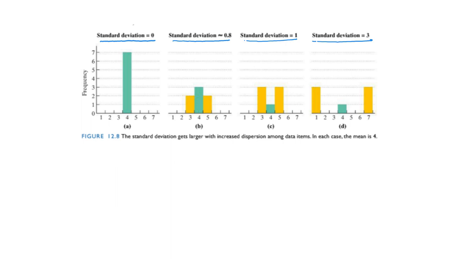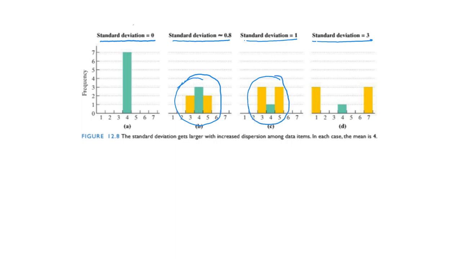Look at the graphs as we are increasing. As the standard deviation gets larger, you'll notice that the values start to disperse away from the mean. So the yellow bars are showing on the second graph that we are falling to the left, lower, and then above the mean. And here again, we're still to the left and to the right of the mean.